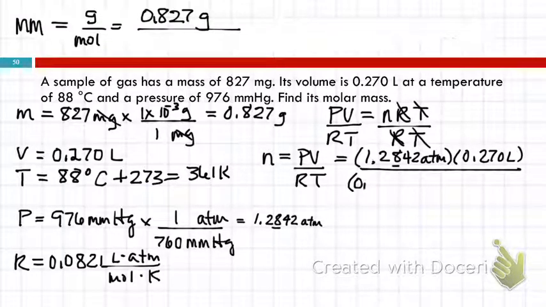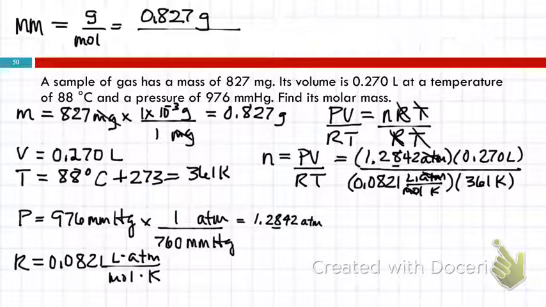R, 0.0821 liter atmospheres per mole Kelvin. Temperature, 361 Kelvin. I check the units. Moles are down there. Atmospheres cancel, liters cancel, kelvins cancel.